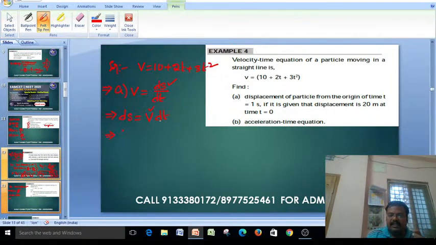When I do the integration process, I will get the entire value of the displacement, so integrate this entire equation.